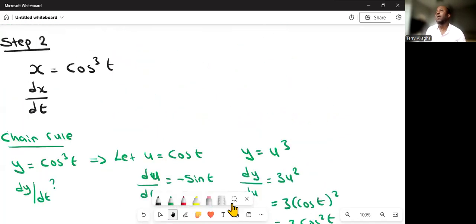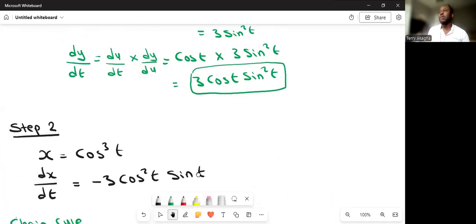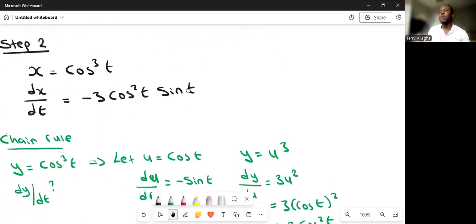So we're going to go back there, and the answer for that is going to be equal to minus 3 cos squared t sine t. All right, so we've gotten step 2. We found dx over dt, and we also found dy over dt. Now, we're not looking for this.